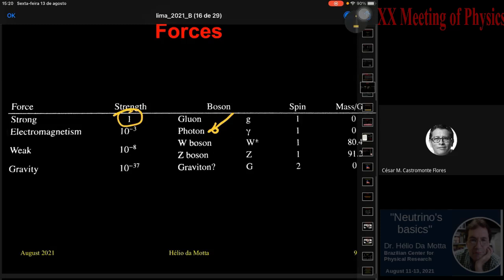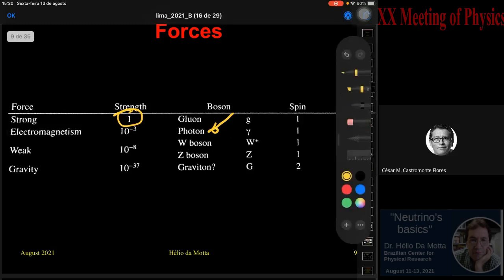And when you go to the weak, the weak can exchange either a W or a Z. Okay? It's even much, much, much weaker. It's 10 to minus 8. So compared to the strong ones, very, very weak.